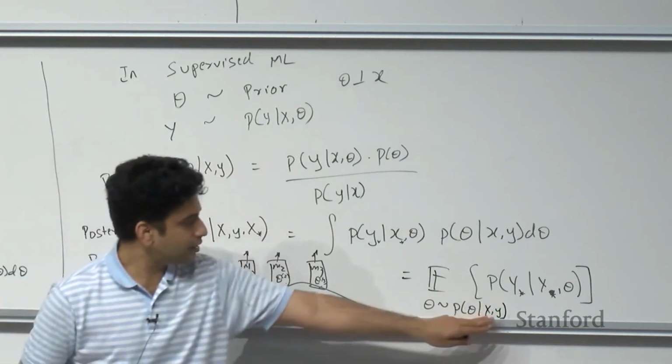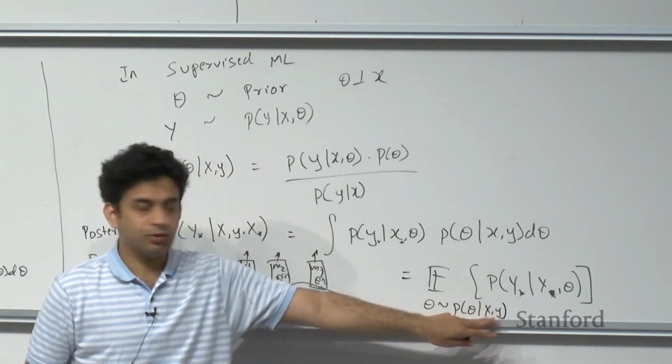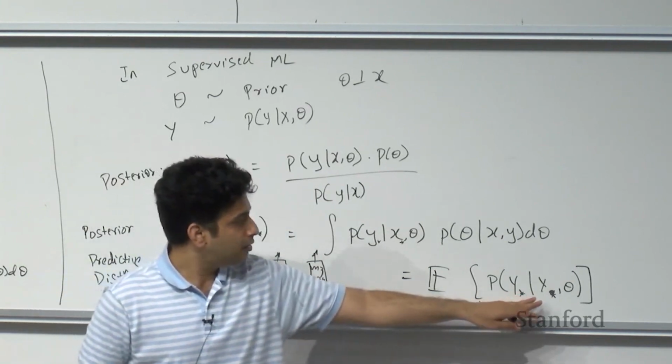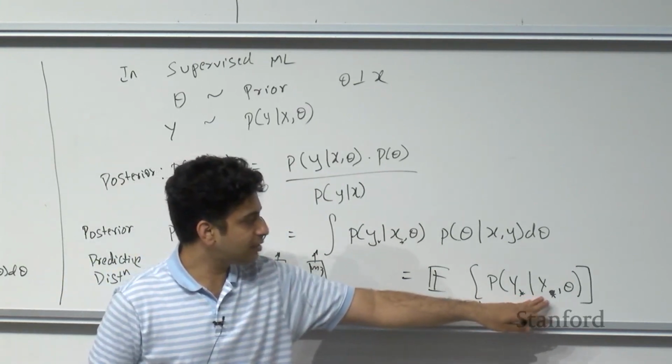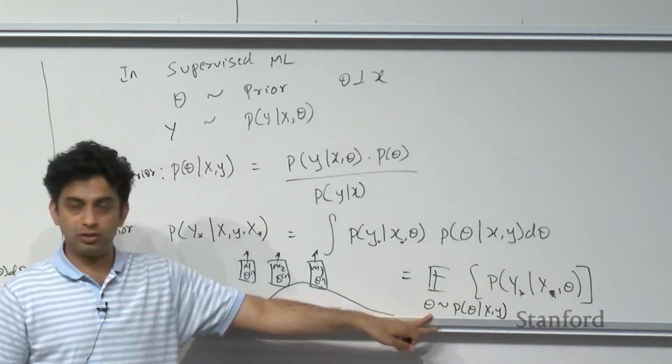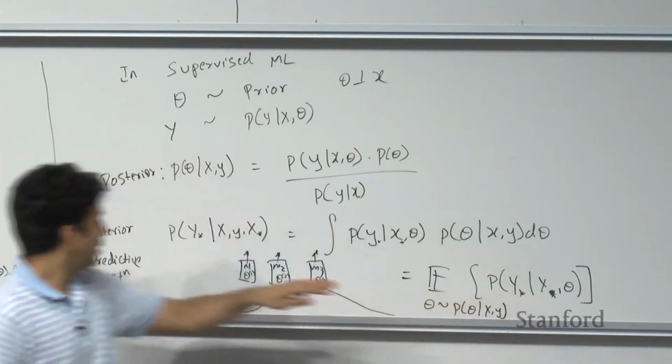So this is the training set. From the training set, you construct a posterior distribution. And then you take the prediction of p of y given x, where theta here is a random variable that is distributed according to the posterior distribution. And this expectation is equal to this.